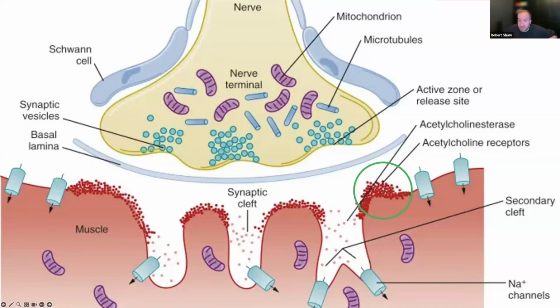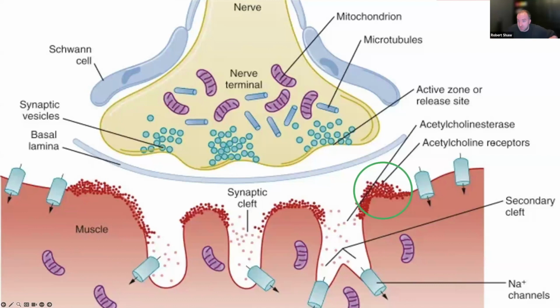So what happens for a muscle contraction to happen? There is a prejunctional motor nerve that's separated from the postjunctional side by the synaptic cleft. There is an impulse, so an action potential is propagated through the nerve. There is release of calcium, which then leads to release of acetylcholine.